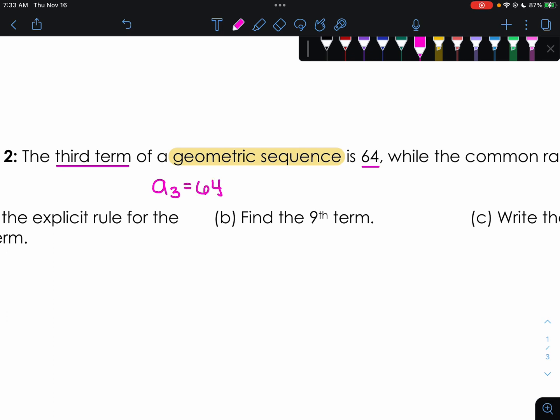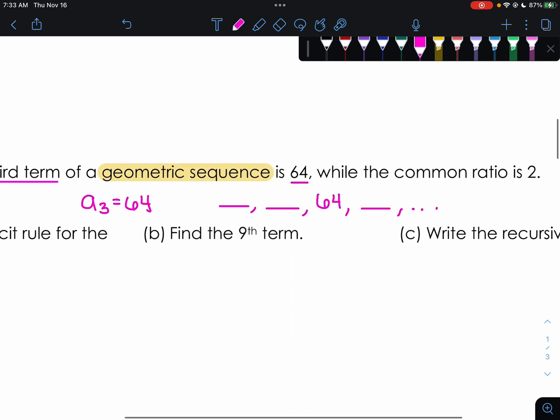It may be more helpful to write it out like a sequence. We have the first term, the second term, the third term, which is 64, and then we don't know anything after that.